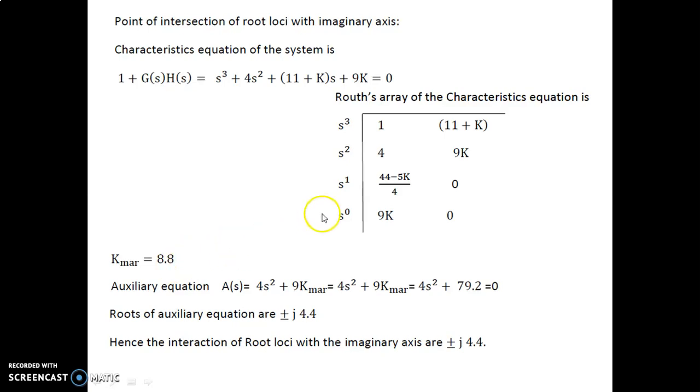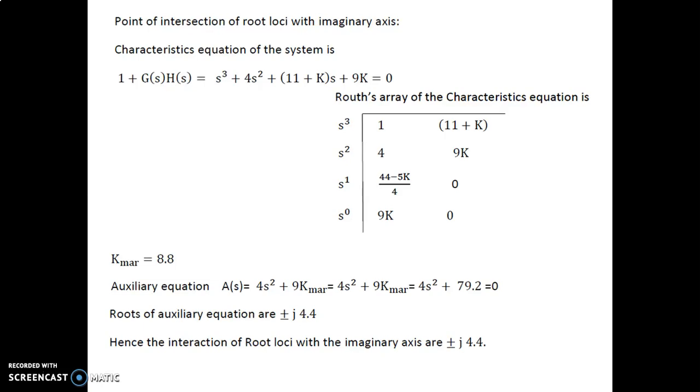From this we can find the auxiliary equation, which is 4s squared plus 9 times k margin. From this we can find the point at which it crosses the imaginary axis. The roots of the auxiliary equation are plus or minus j4.4. This is the point at which it crosses the imaginary axis.